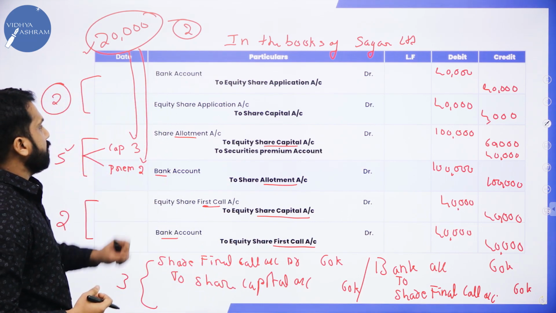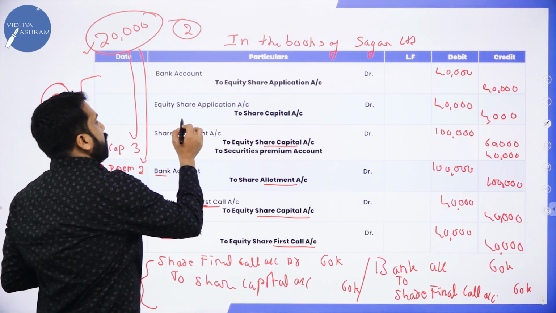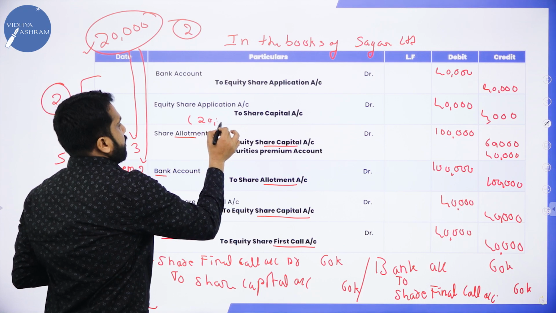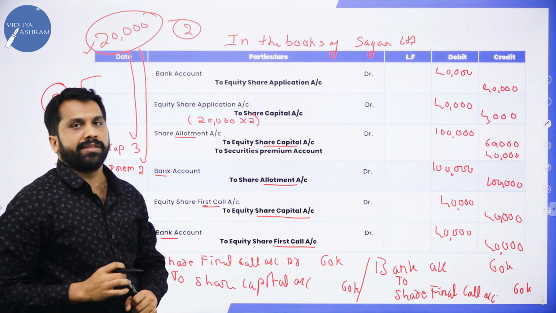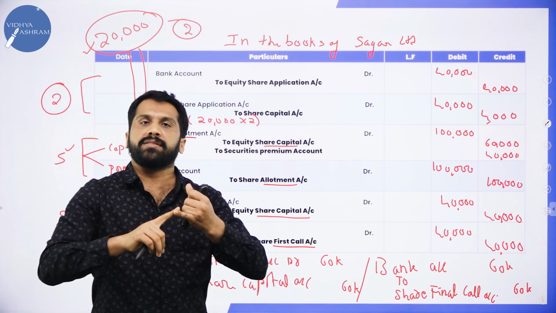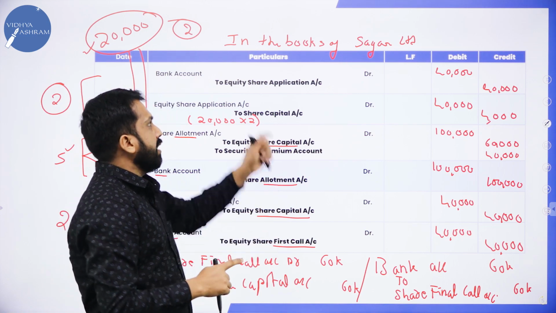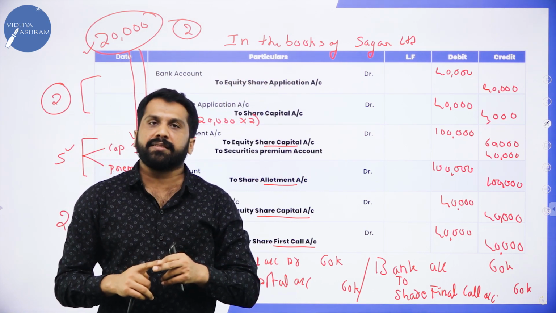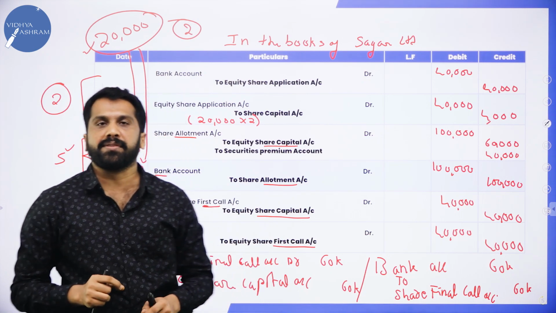What kind of calculation? Remember, application 20,000 into 2, you have to mention 20,000 into 2. This is also compulsory. Your journal entries, your narrations, your calculation and heading. These are compulsory to score out.